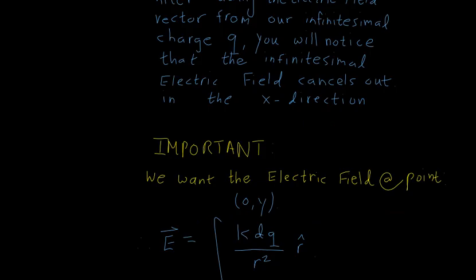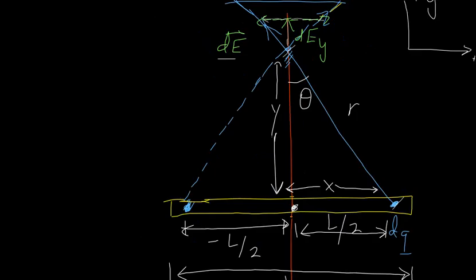Now from there, the electric field is equal to the integral from minus L over 2 to L over 2. That's obvious, because we're finding the integral with respect to x. Based on the geometry of the problem, the rod is flat, horizontal to the x-axis, and dq, the infinitesimal charge element, is somewhere on the rod. We're drawing a vector from dq to the electric field.